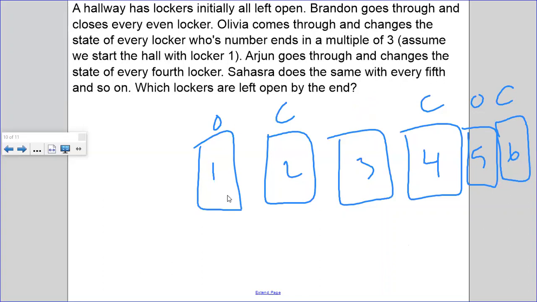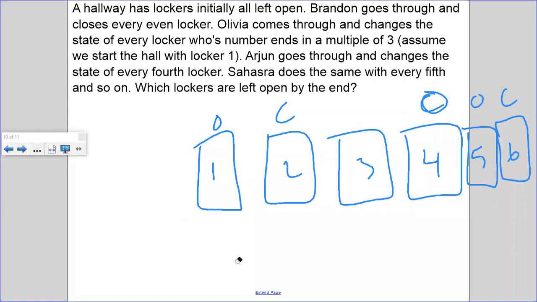So now this one is closed. This one is now open. And then Arjun comes through and changes the state of every 4th locker. So now this becomes open. If we kept going, the next one becomes closed and so on and so forth, because this pattern keeps repeating.